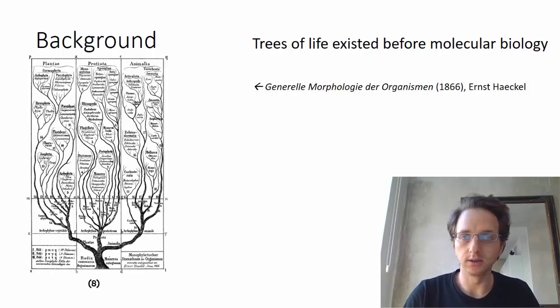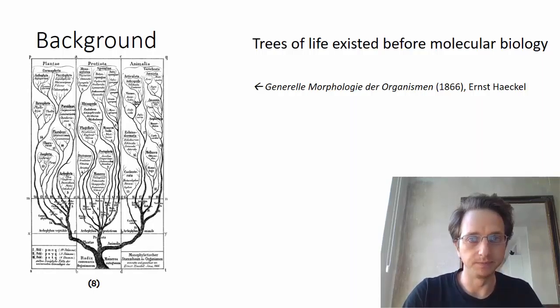That is basically concurrent with when Darwin was sharing his ideas about his theory of evolution. So these types of trees of life have been around for at least 150 years.